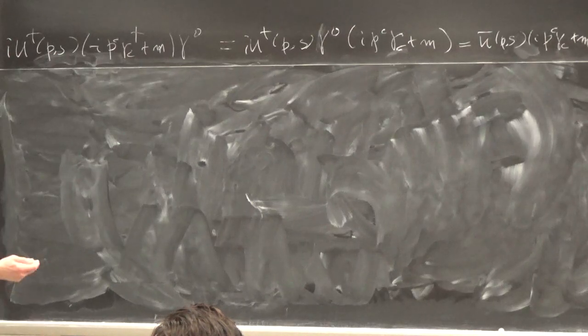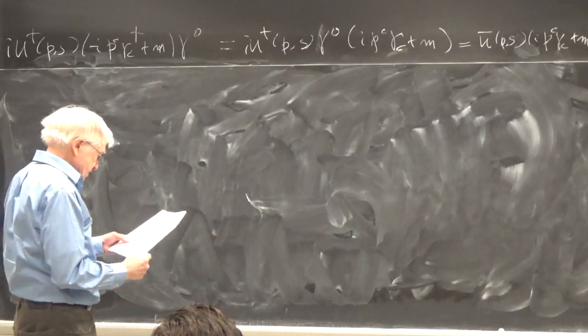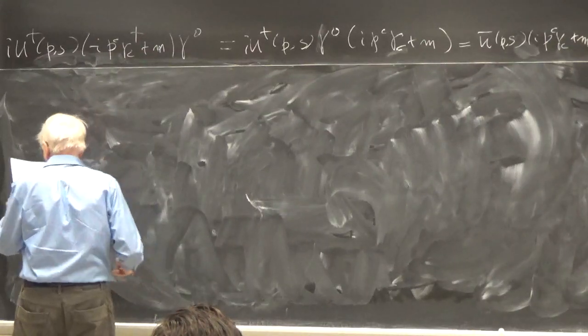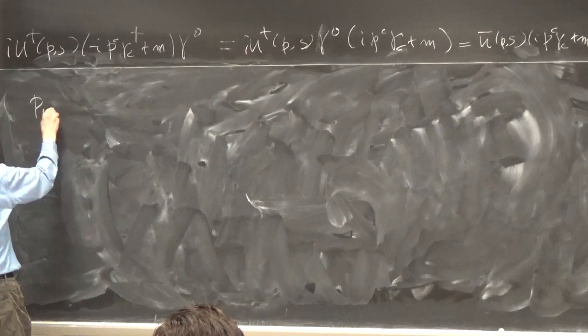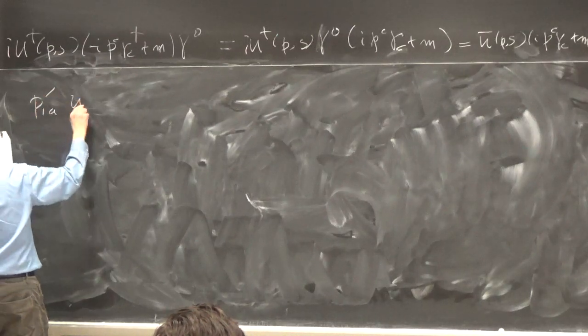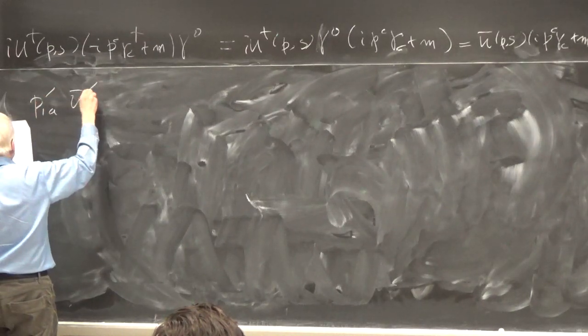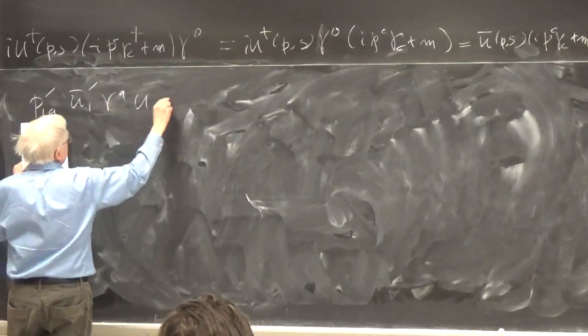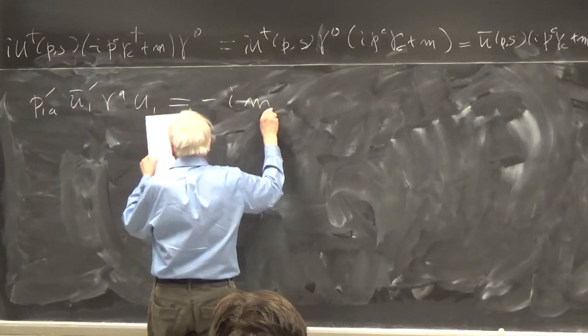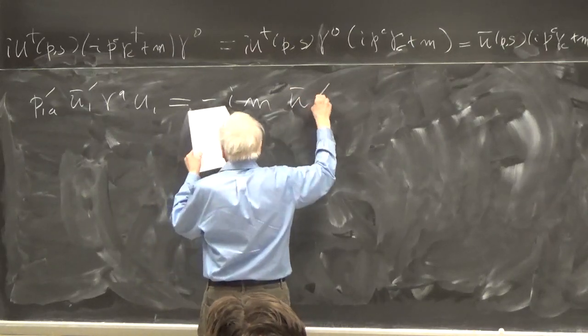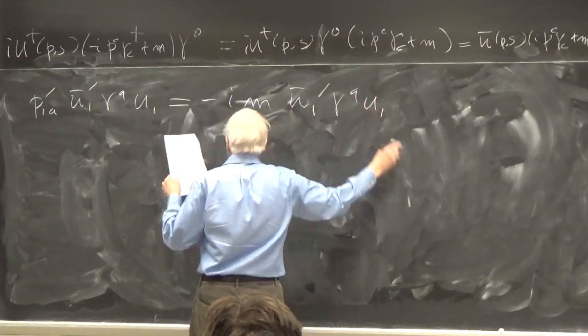So in all 4 cases, the sign flips, and you get that equation. And so what this says then is that, for example, p1_a, u bar 1 prime gamma a u1 is equal to minus i m u bar 1 prime gamma a u1.